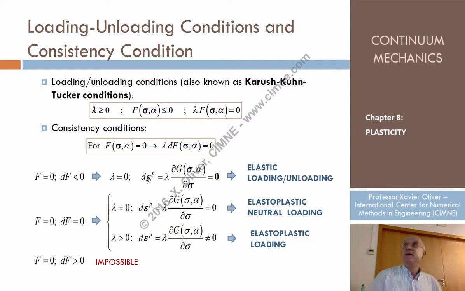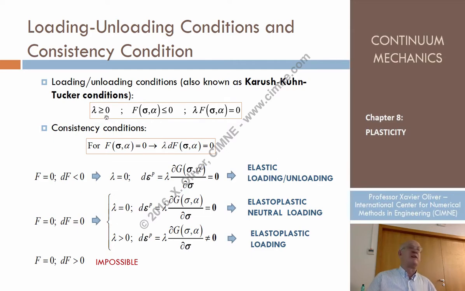Okay? Second possibility, f equal to 0, but now differential of f is strictly equal to 0. Well, then that equation is fulfilled whatever the lambda value is. So in that case, lambda is equal to 0 or lambda is greater than 0 from that.